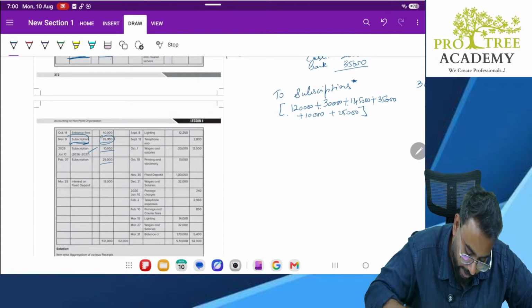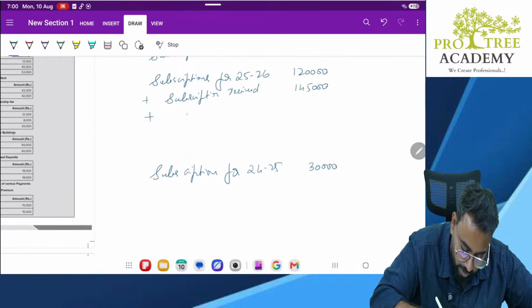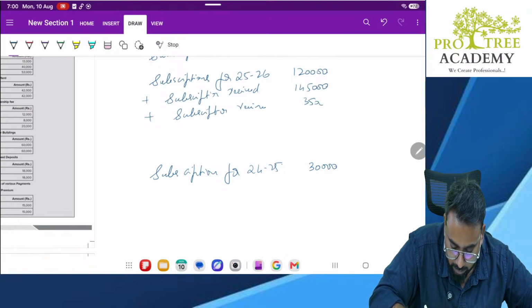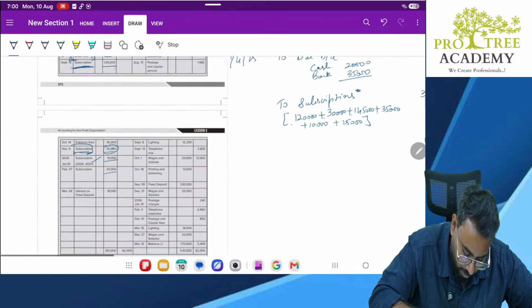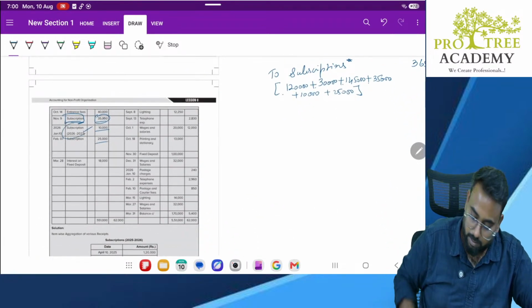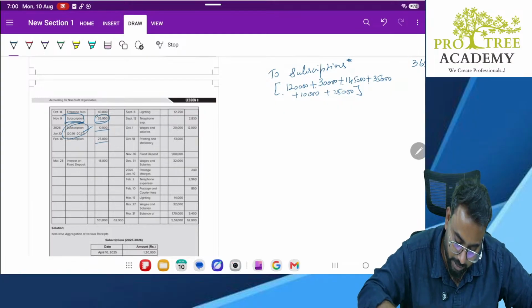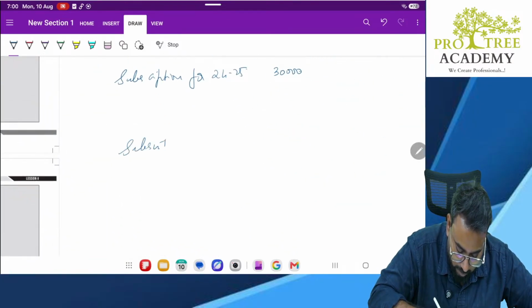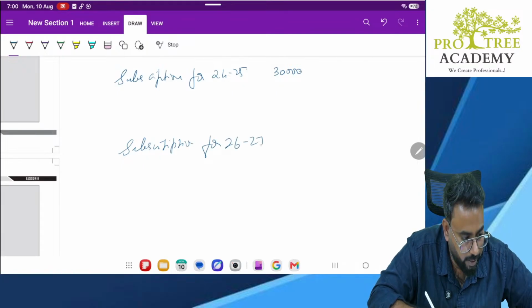They have also not told anything here, so we'll add it in 25-26 only. Subscription received 35,000. Then they have shown subscription received for 26-27, so we'll add it in 26-27.